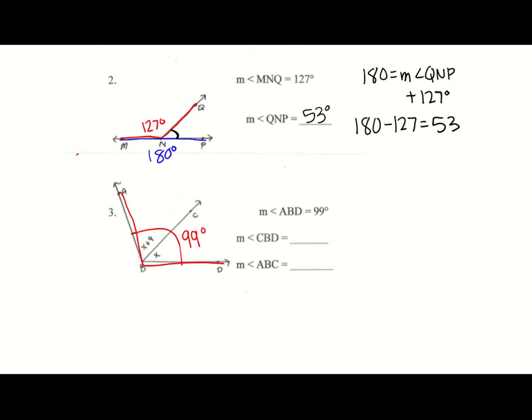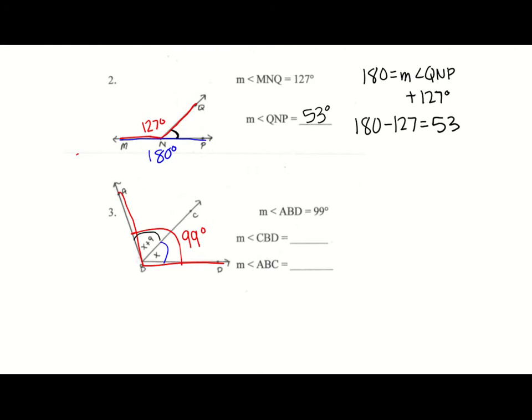Then inside here I have this piece right here is x plus 9, and this piece over here is just x. So if I'm looking for angle CBD and ABC, those are my two parts inside there, I'm going to need to set up an equation using my x's.